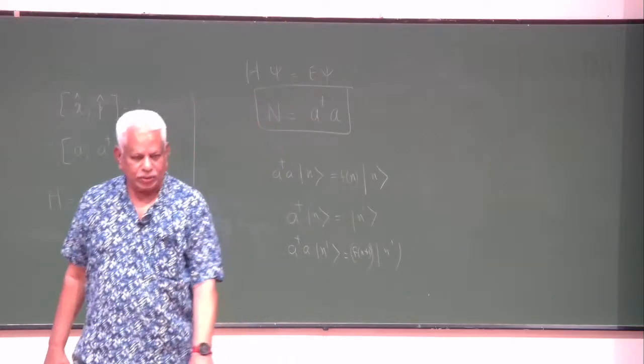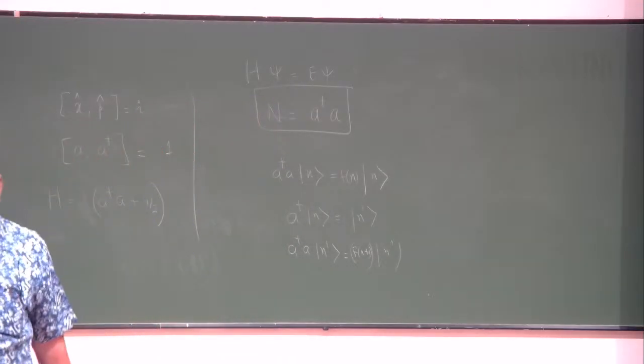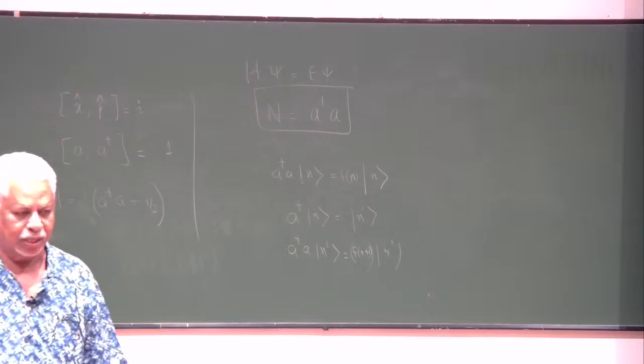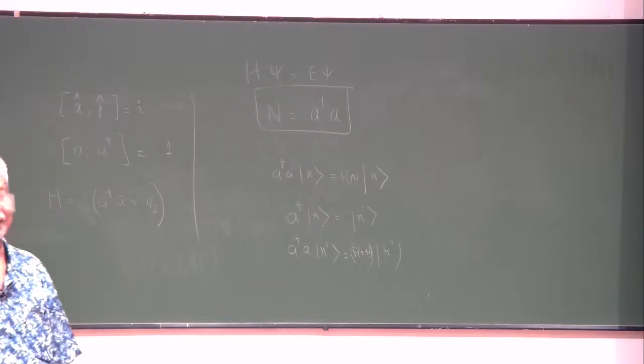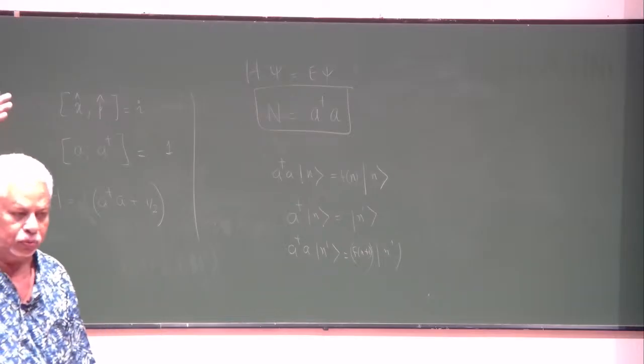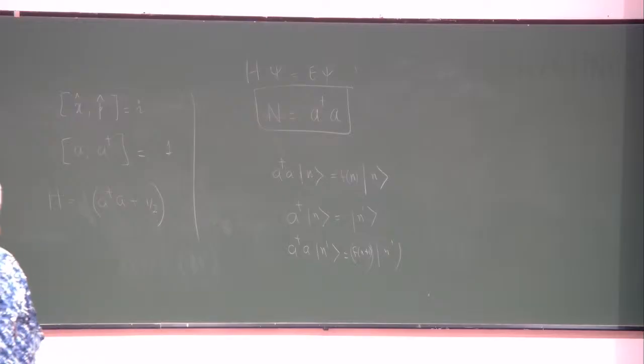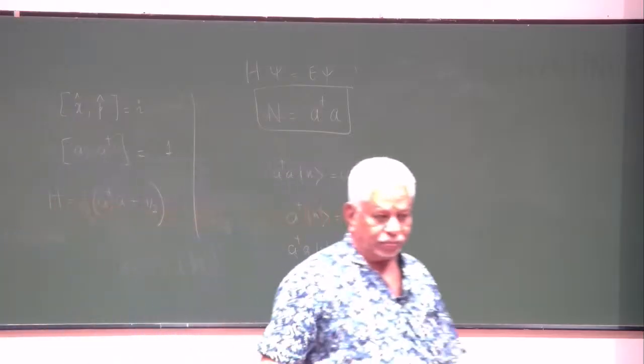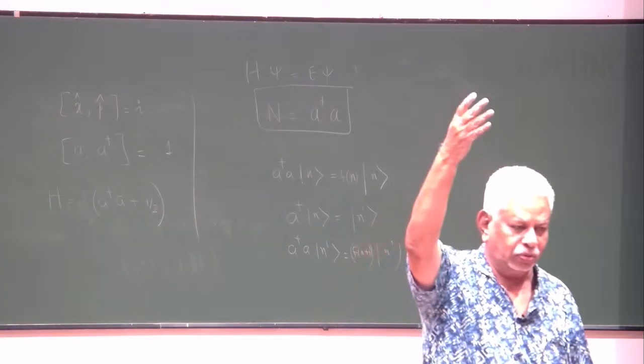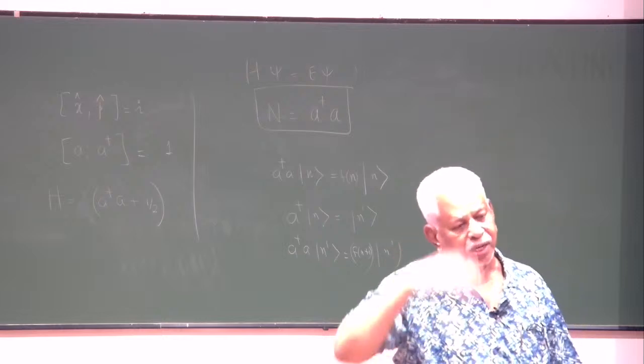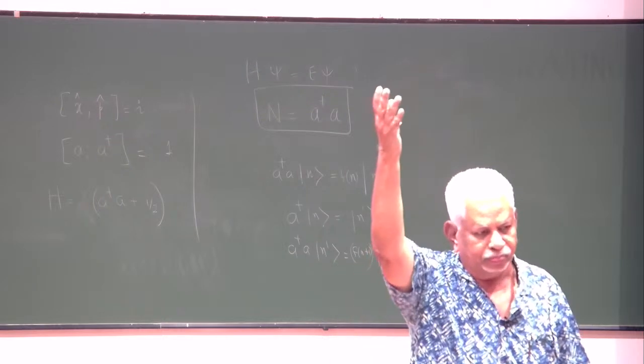A dagger will go one step up the ladder. Act by A dagger squared, you go two steps above. A dagger cubed will give you three steps above.